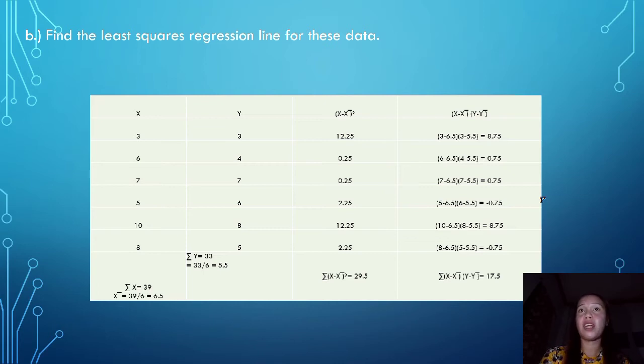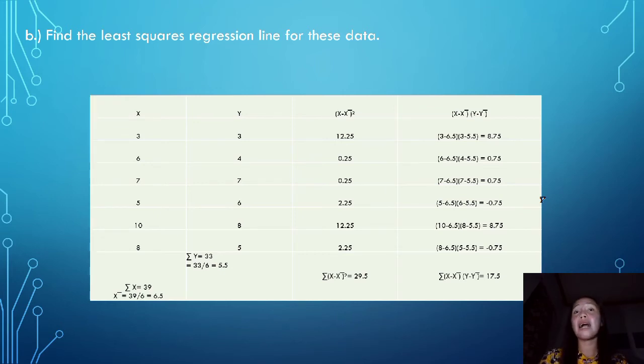Y is 3 and y bar is 5.5. So 3 minus 6.5 times 3 minus 5.5 equals 8.75. Same with the next data. X is 6 minus 6.5 times the next data of y, 4 minus 5.5, equals 0.75. So on and so forth.